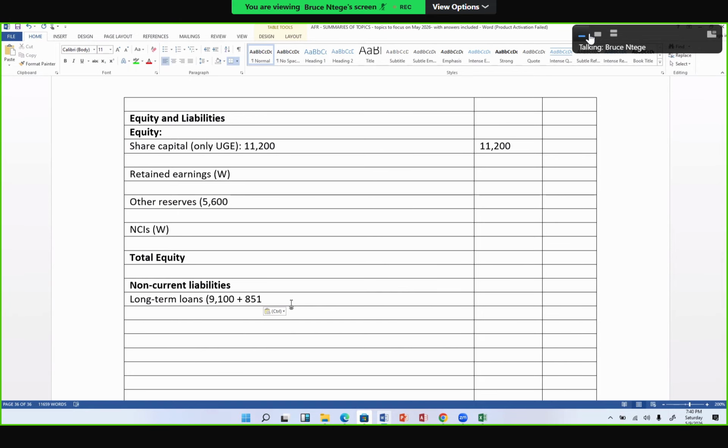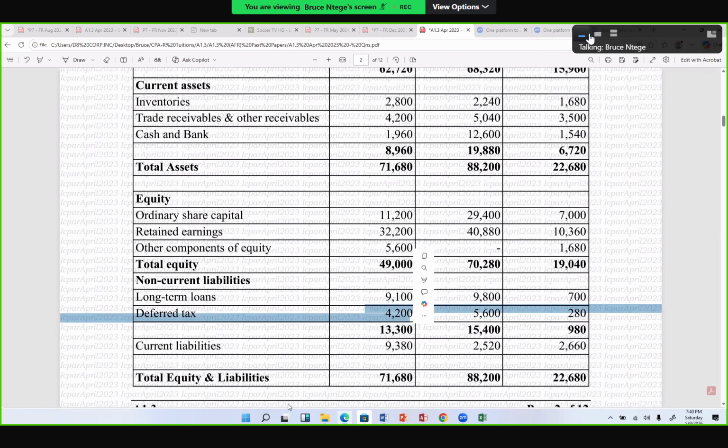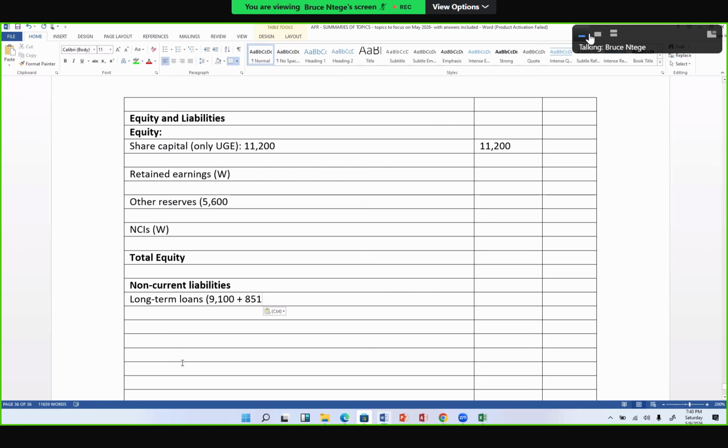At this point, I will go back to see whether there's another figure under the non-current liabilities that we need to pick. So back to the balance sheet. Yes, we have deferred tax. Again, I'll pick the figure of the parent first, the 4,200. It's a deferred tax liability.